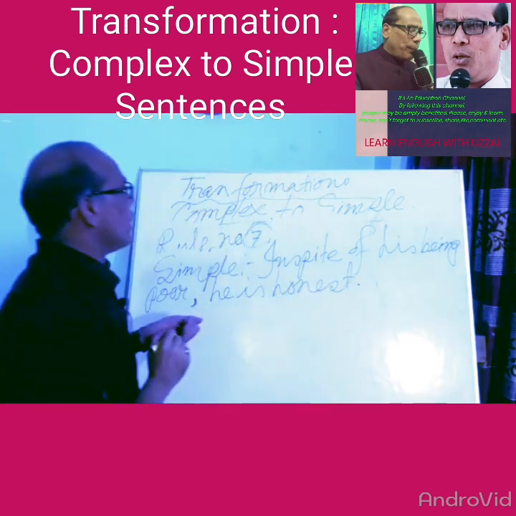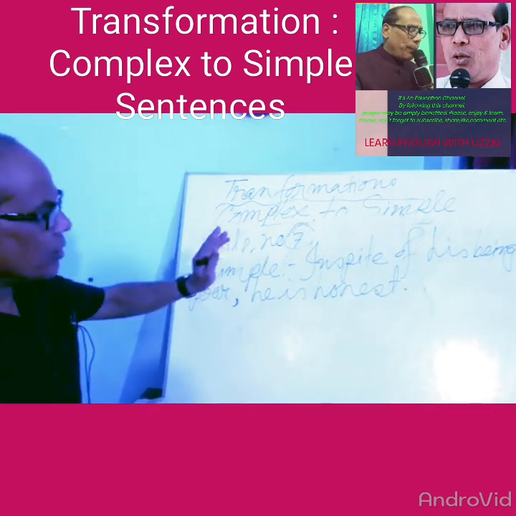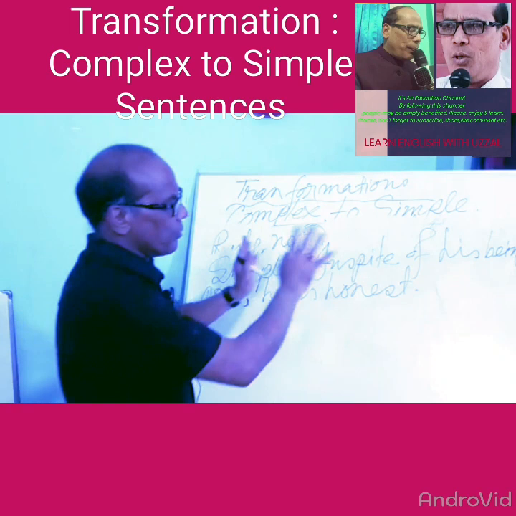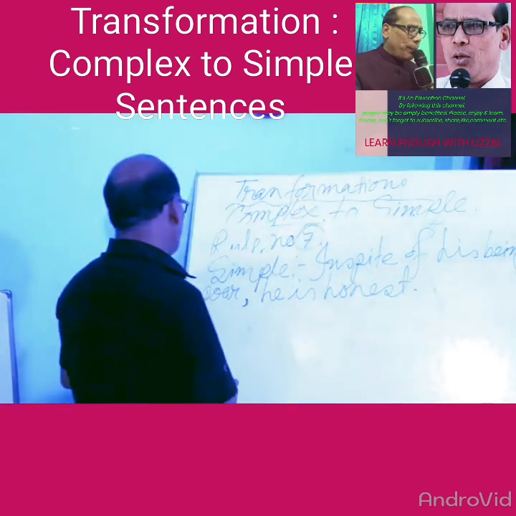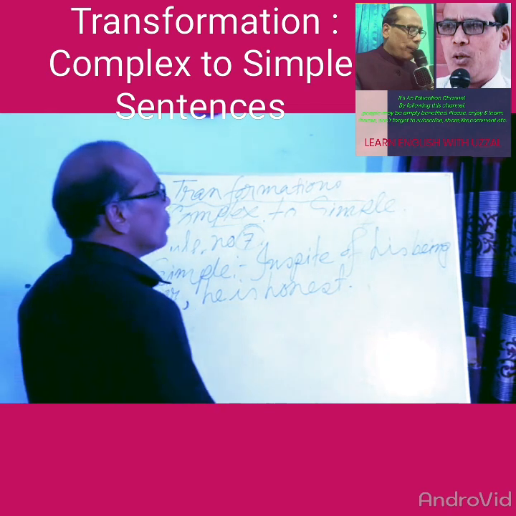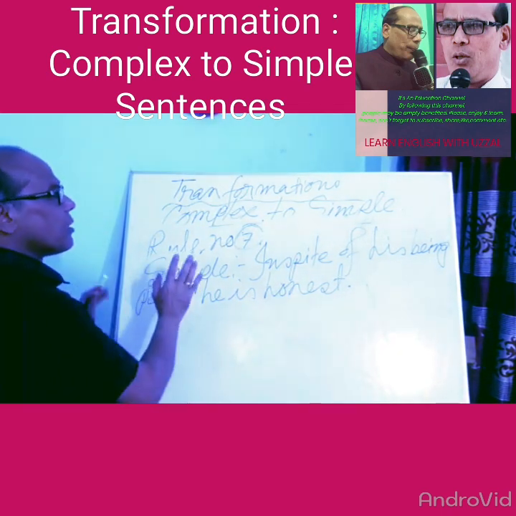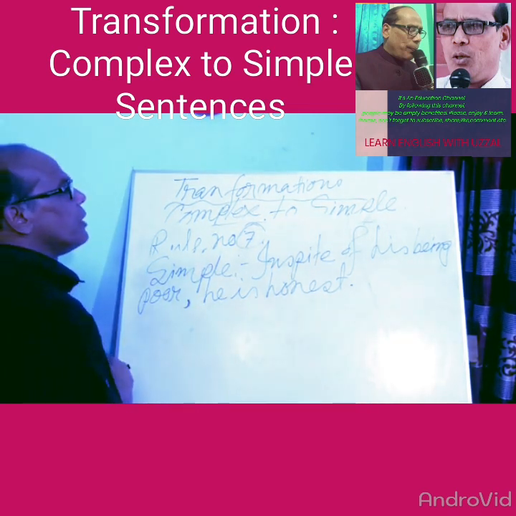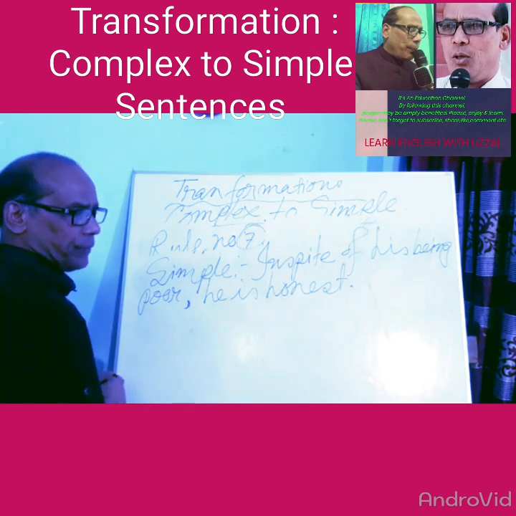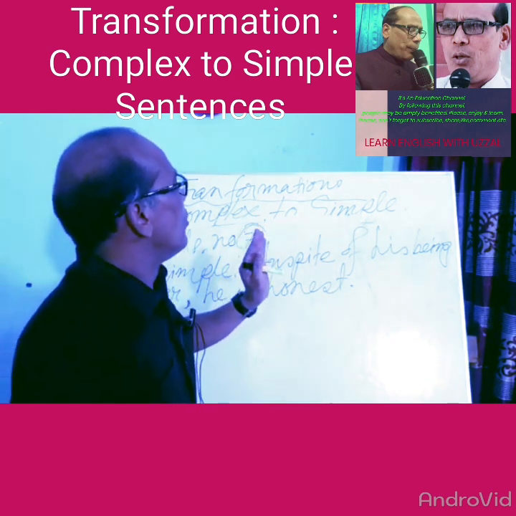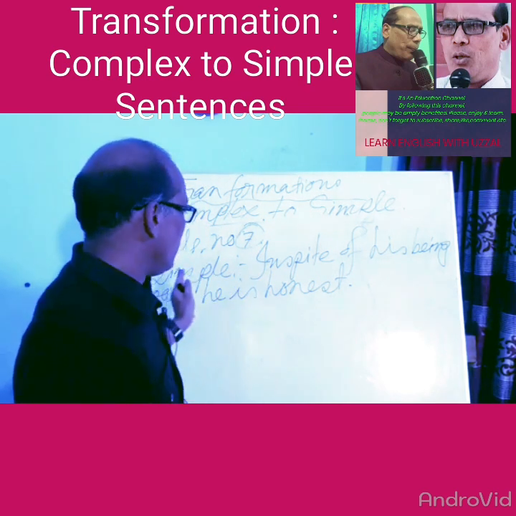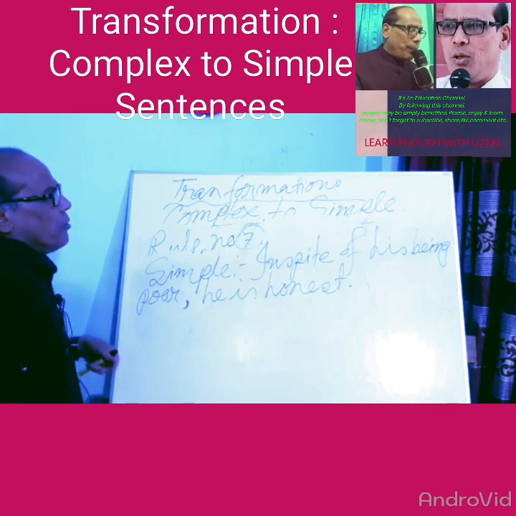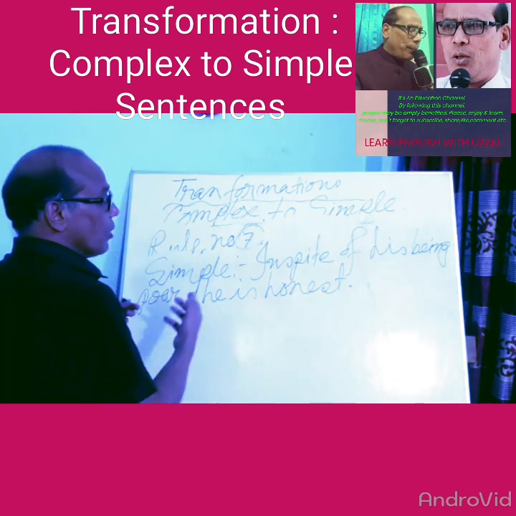Here, in spite of, we can turn this complex into simple by using some other expression. Suppose he's poor, being poor. We can use some other words in the place of these. Suppose in spite of his poverty, in spite of his poorness, we can use them also.